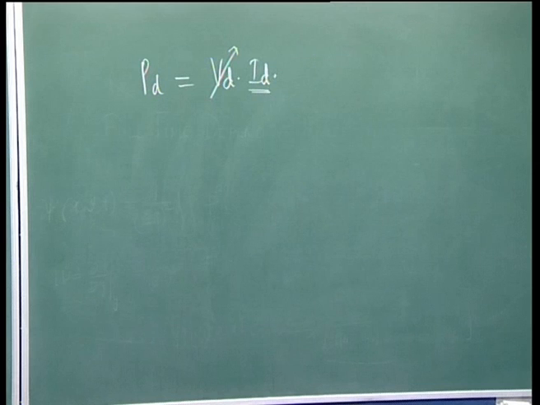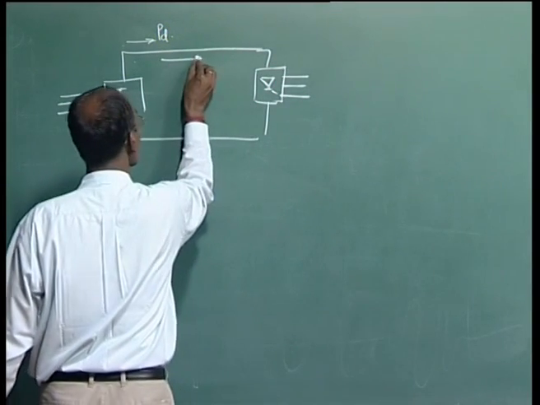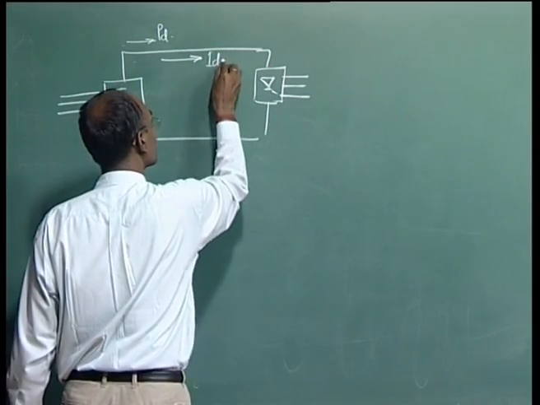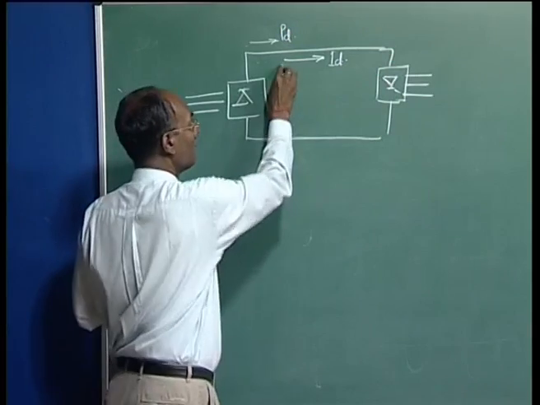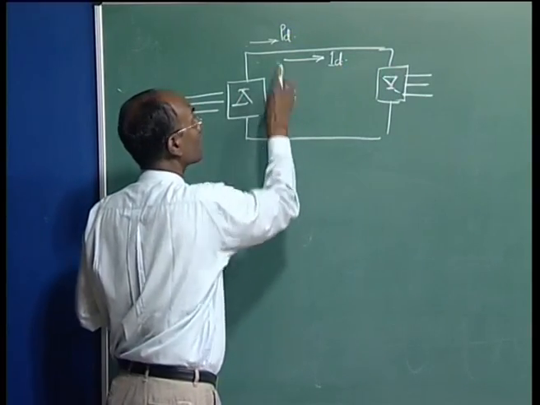The option is to reverse the current and change the voltage, but we prefer that the current in this link flows in the same direction and does not change. We change the voltage VD to change the power.